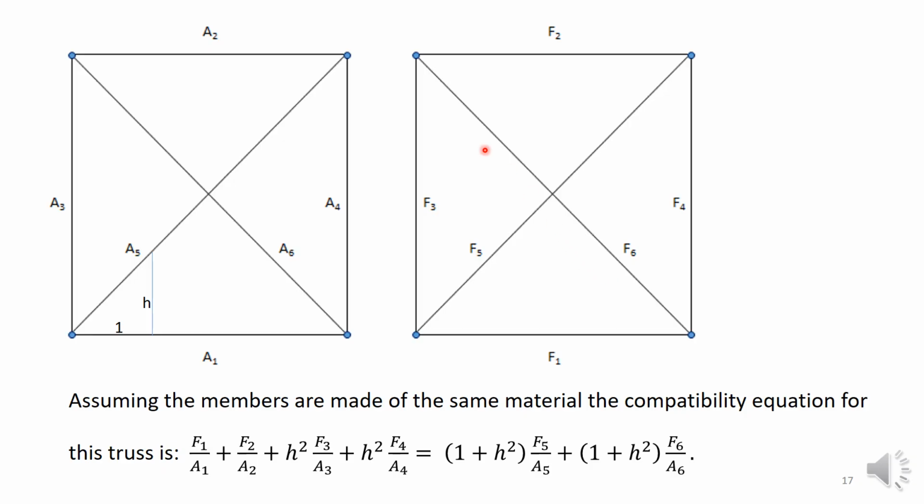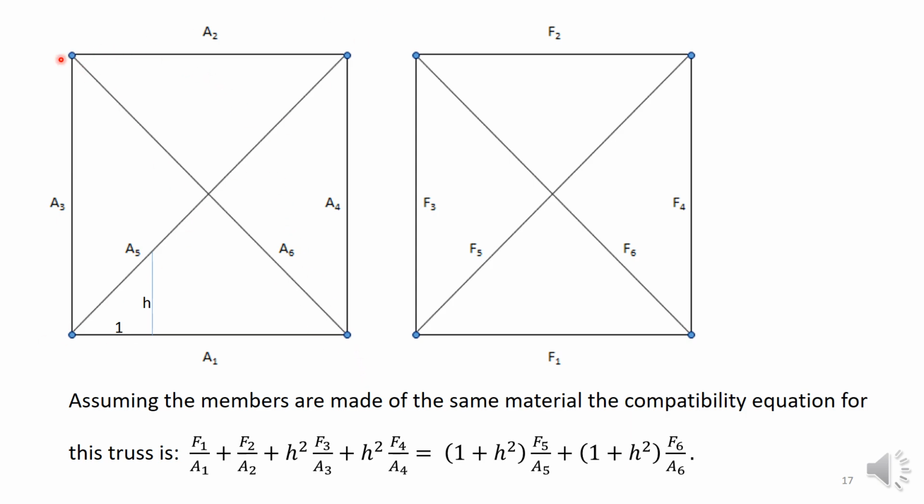And here I've obtained compatibility equations for the type of Stroop we had before, the rectangular form with the two diagonals.